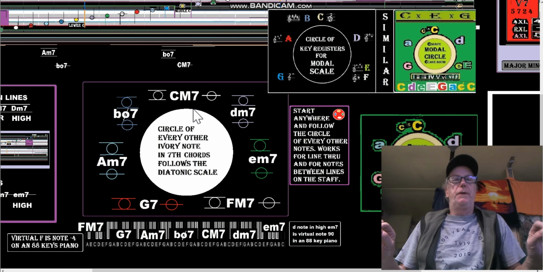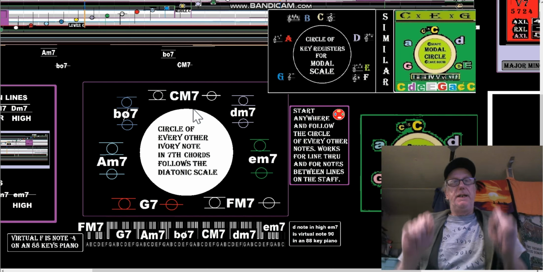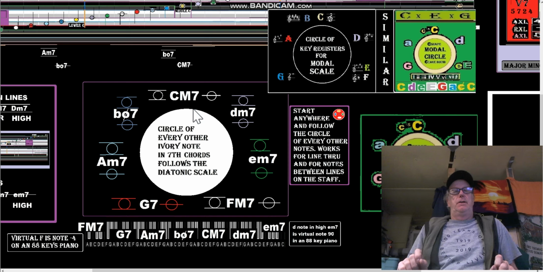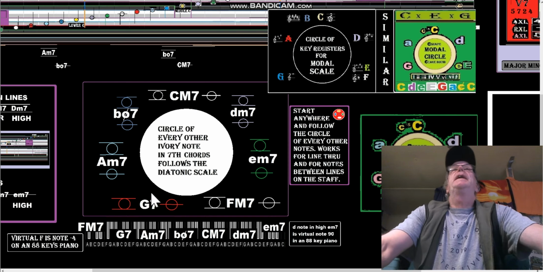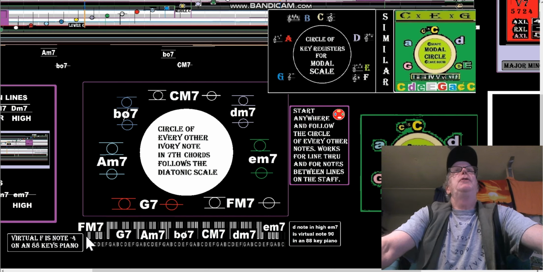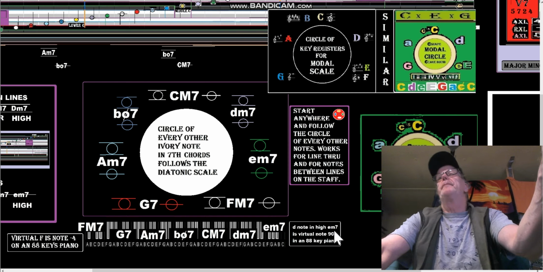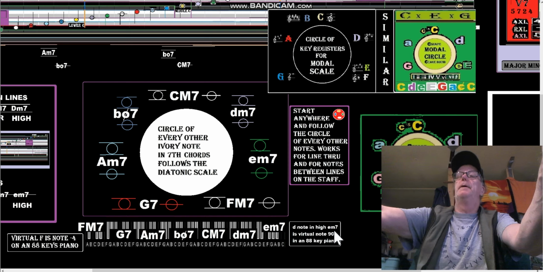past what they are. Look at an 88 key piano. What I've got here is the virtual F note on the bottom is -4, so that's add 4 to 88's 92, and the D note and high E minor 7th to be like way up here.